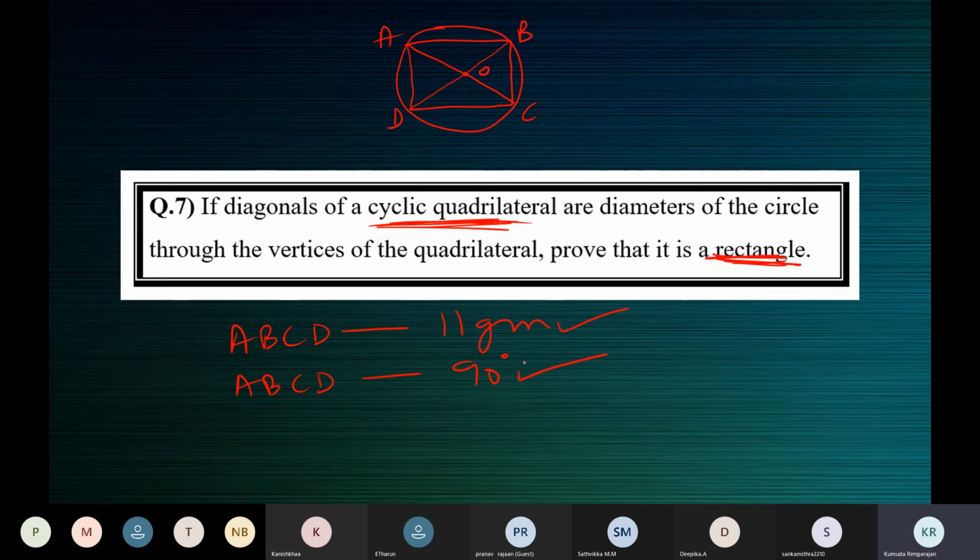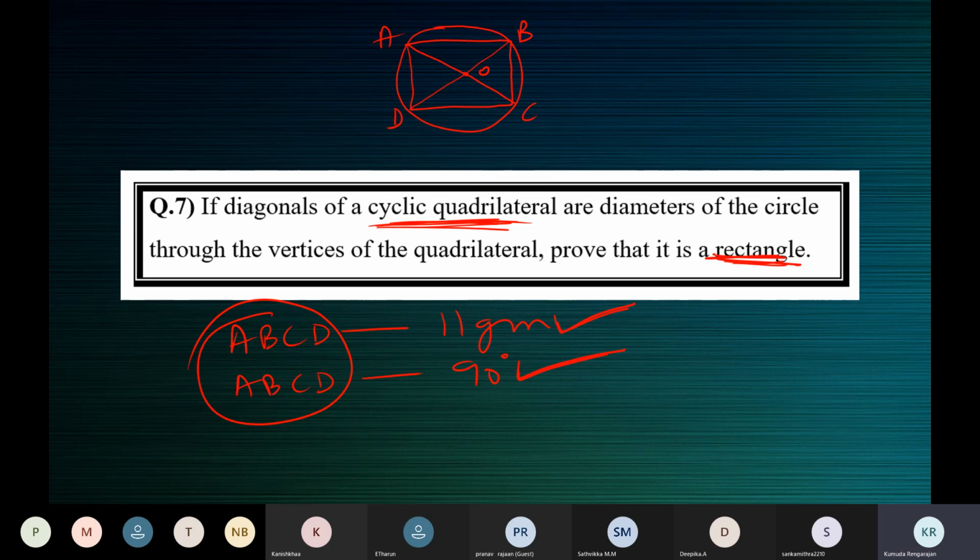But to prove it's a rectangle, you don't have to show that every corner is a right angle. So by the definition, you should prove that ABCD is a parallelogram with one angle 90 degrees. Then ABCD is a rectangle.